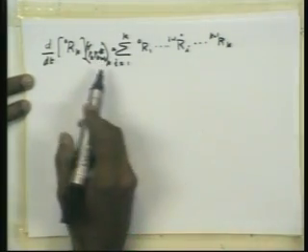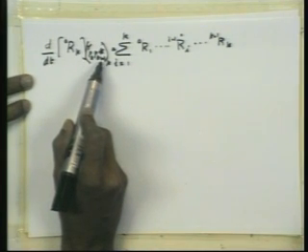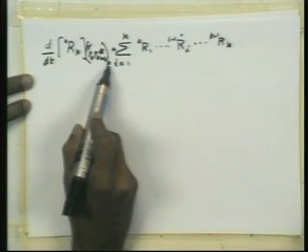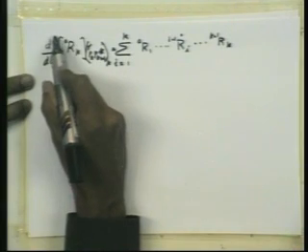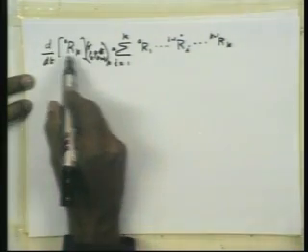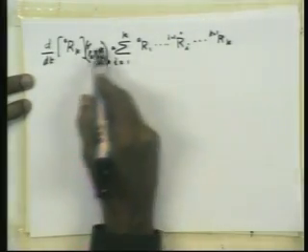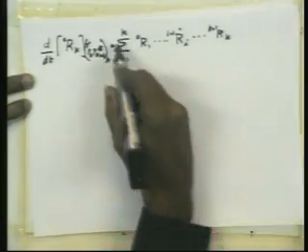Let me read it out if you can't read. This is r pk with respect to pk minus 1 in the kth reference frame. We are taking the time derivative of this whole thing, which amounts to taking the time derivative of this and multiplying with this, and the time derivative of this is what I have written here.